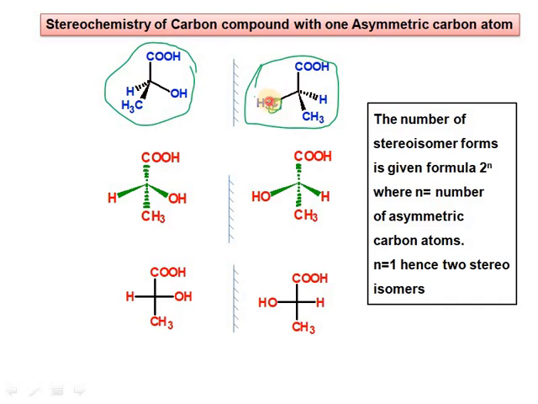Okay. So these molecules are non-superimposable on their mirror image, and therefore there is a chiral center. This chiral center has four different groups, and one of them is dextrorotatory and the other is levorotatory.